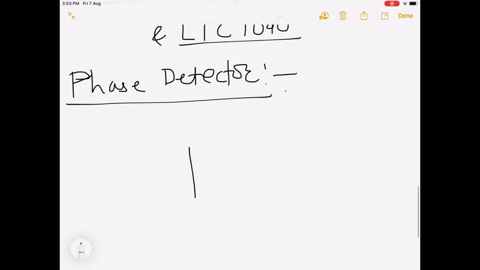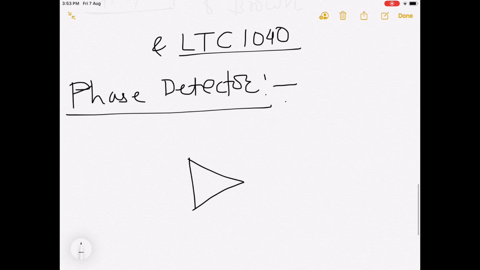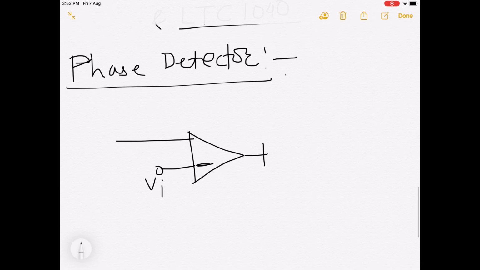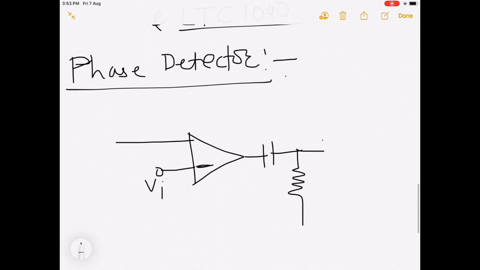Suppose this is an op-amp. The input is applied at the inverting terminal, so this is Vi. At the output side, we are connecting one capacitor, then one resistor, then one diode is used here, then again one resistor, and it is connected here.